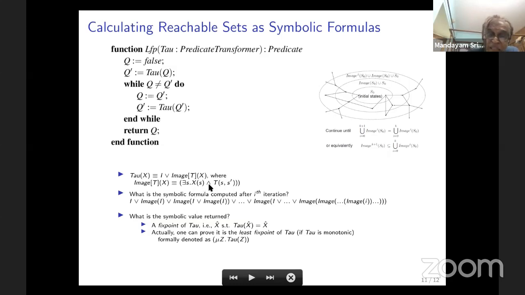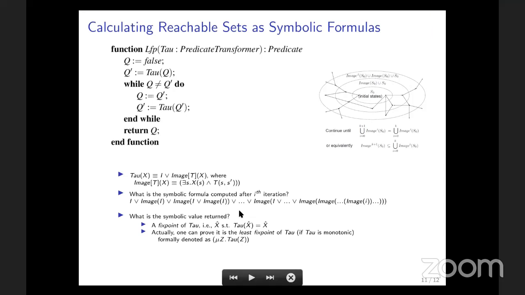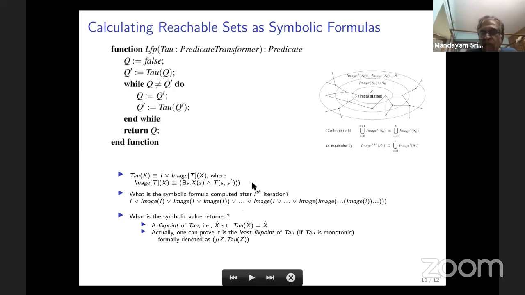In the form I have shown it, SAT solvers are not very efficient for this, since each time you do existential quantification there's a blow up. Under certain kinds of transition systems, there are ways to very cleverly optimize that process, but still, in the worst case, the size will grow exponentially.